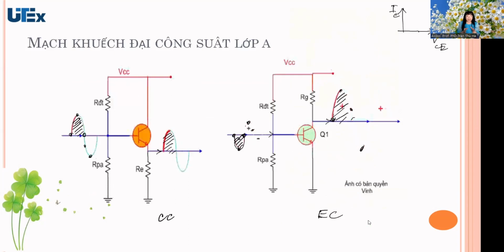And even collector common or emitter common, we have the full output signal. We are finished the class A power amplifier. And now we have the time break.